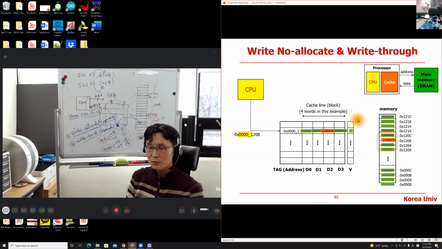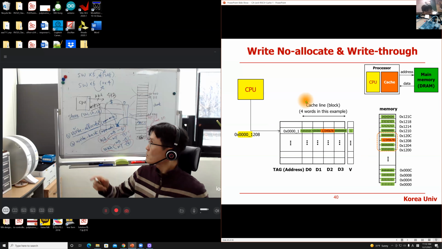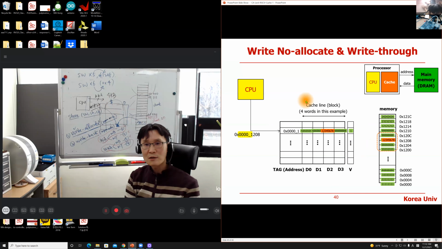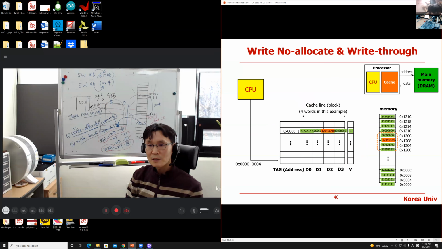Okay, so we don't have dirty bit in write through cache, because main memory will be updated all the time. Okay? Both cache and main memory. And second instruction, it happens to select this cache entry for lookup. Then cache does not contain valid information.